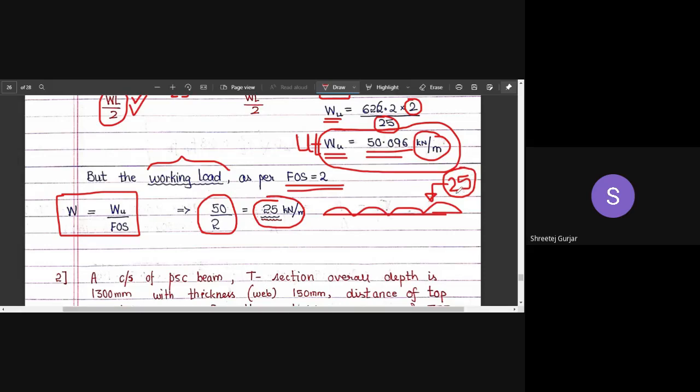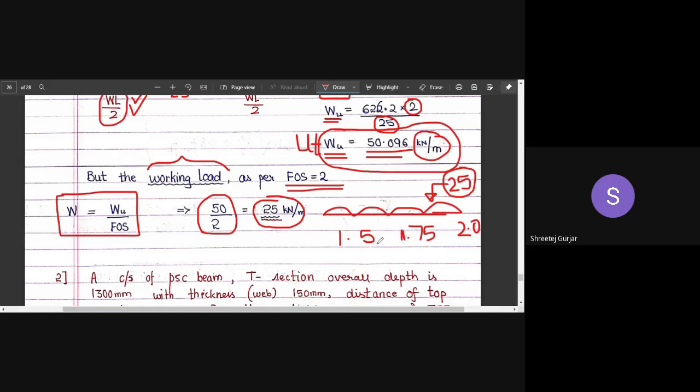If you design it for 25 and the loading exceeds, your beam will fail. So to avoid this, we take a factor of safety as 1.5 or 1.75 or 2. We can adopt depending upon the situation and the type of member.